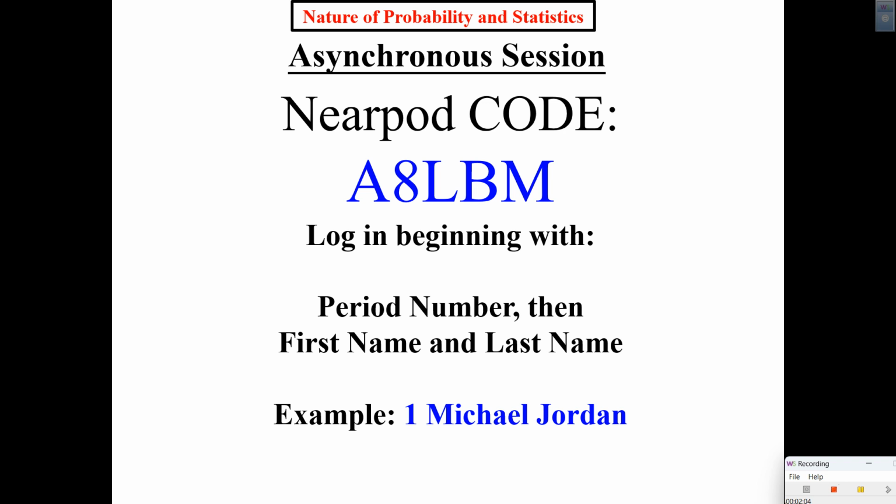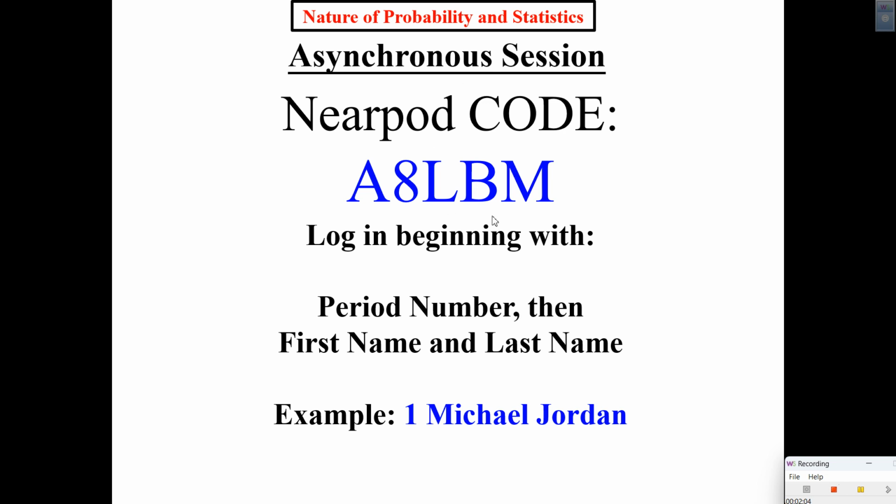Also, to have access to the homework for tonight, write down A as an apple, 8, L, B, M. A8LBM. That gives you access to the homework tonight. All right?